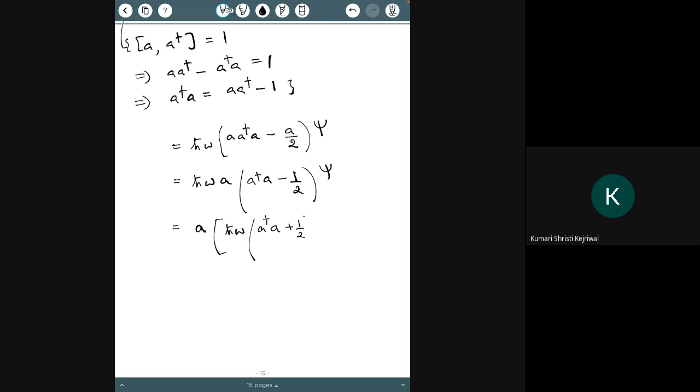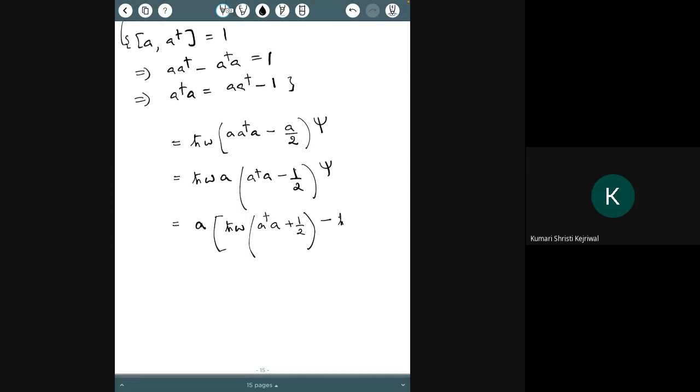I'm trying to make it look like the Hamiltonian again. And I had minus half, so I can put a minus h cross omega over here, psi. So this is equal to H minus h cross omega, psi.